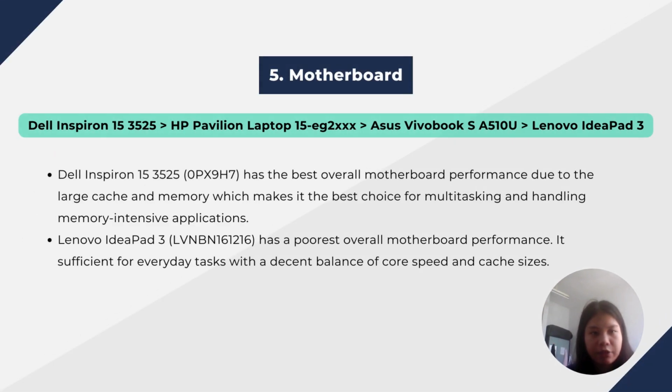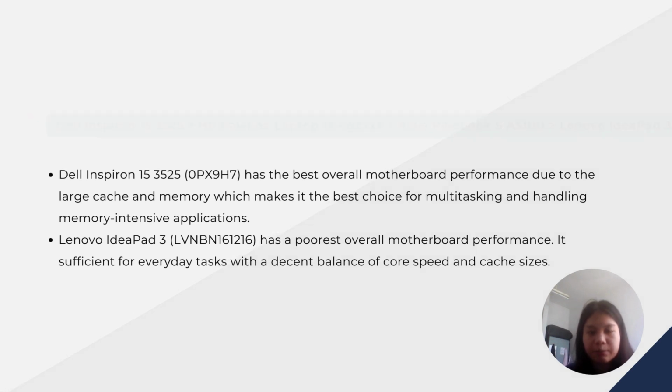Next, for motherboard, we found that Dell Inspiron has the best overall motherboard performance due to the large cache and memory, while the Lenovo IdeaPad has the poorest overall motherboard performance, but it is sufficient for everyday tasks.